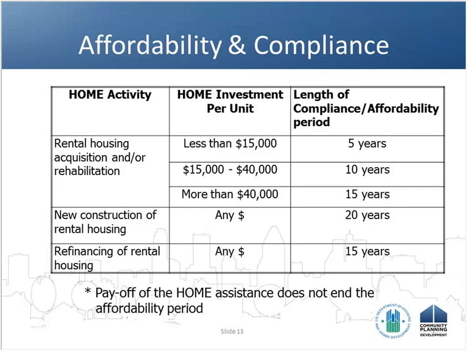The PJ might decide, based on its investment, that they really wanted to see that project remain as affordable housing for a longer period of time. In the past, we had many PJs that said, okay, I'm going to set the affordability period at 30 years, and they designated the HOME affordability period as 30 years.